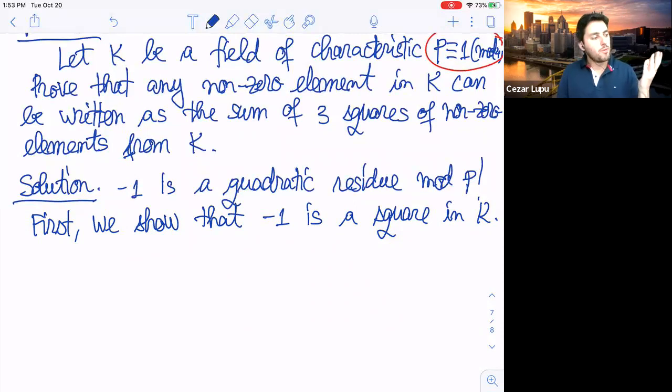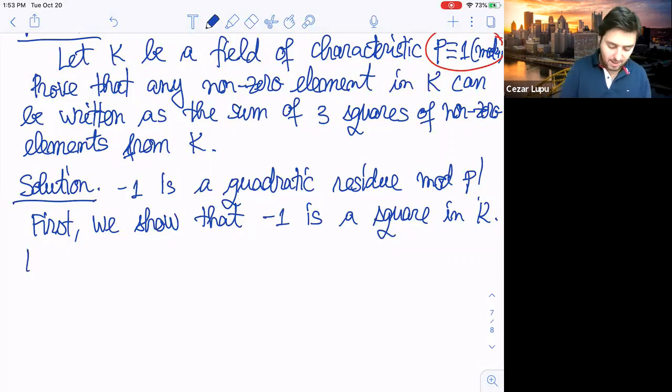Remember the number theory problem that we did, I think in the lecture, which said that if I have a prime which is 1 mod 4, then the congruence x squared is -1 mod P has a solution? And the solution was actually ((P minus 1)/2) factorial. Remember that?